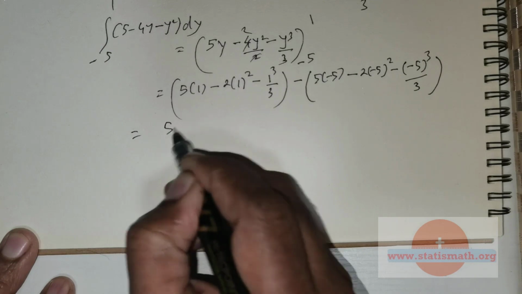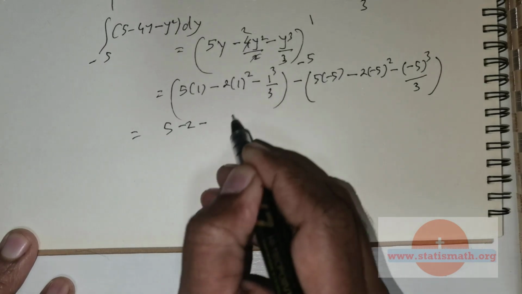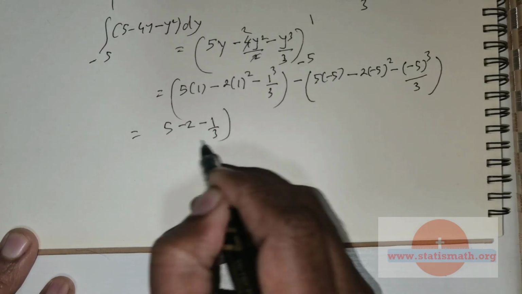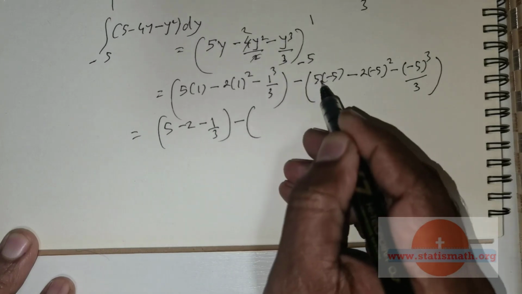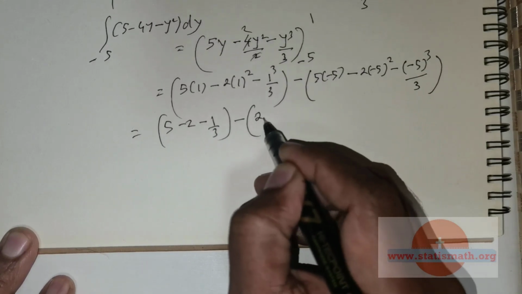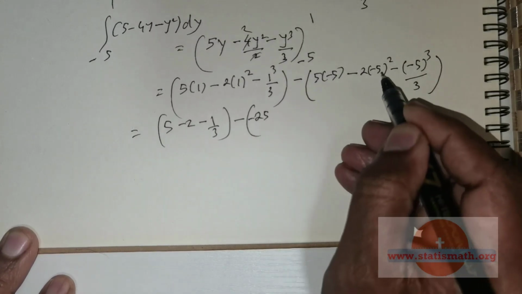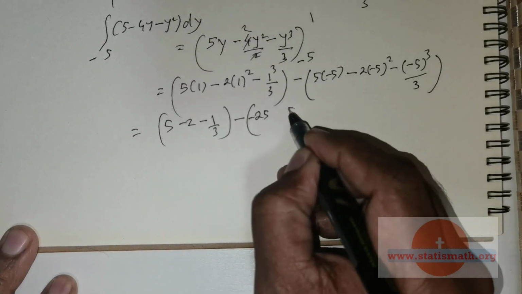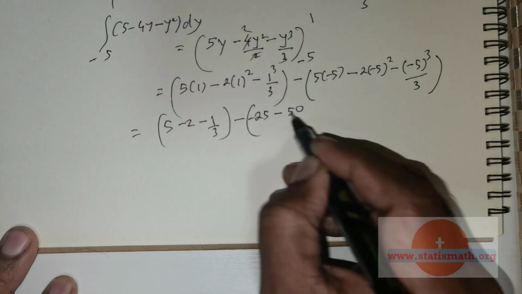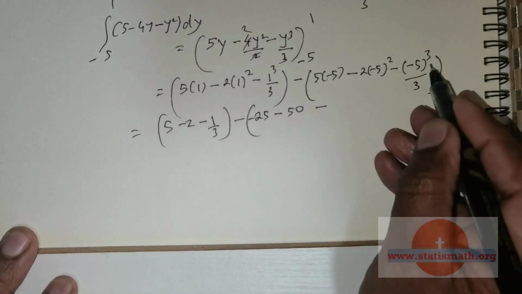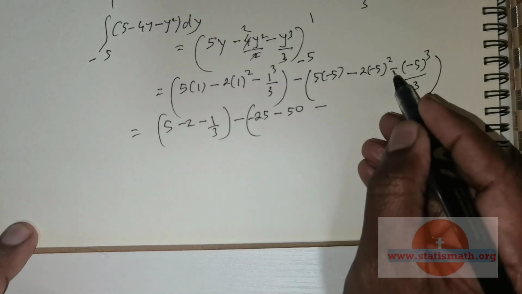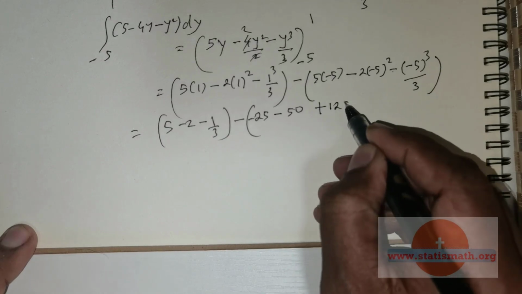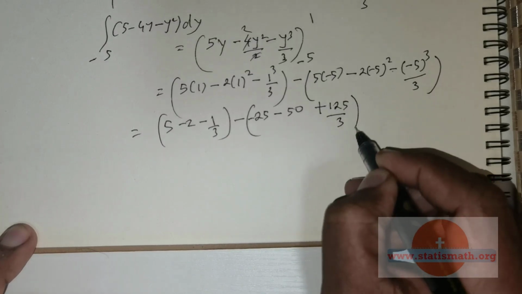So this is going to be 5 - 2 - 1/3, minus: -5 times 5 would give you -25, then -2 times 25 gives -50, followed by -(-125), so the sign is positive, 125 divided by 3.